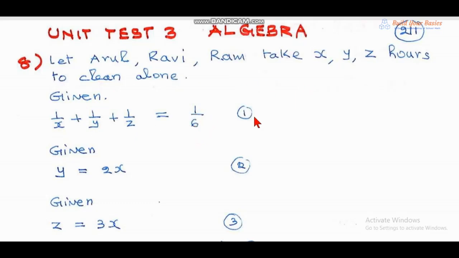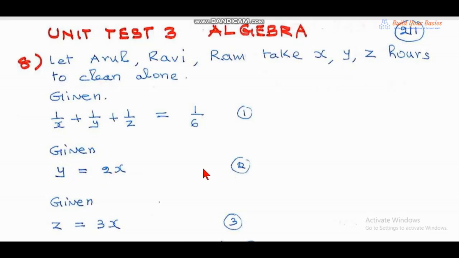That's equation 1. Then second statement, working alone, Ravi, that is y, takes twice as long to clean as Arul does. Arul is x, so y equal to 2x. So y equal to 2x, equation 2.